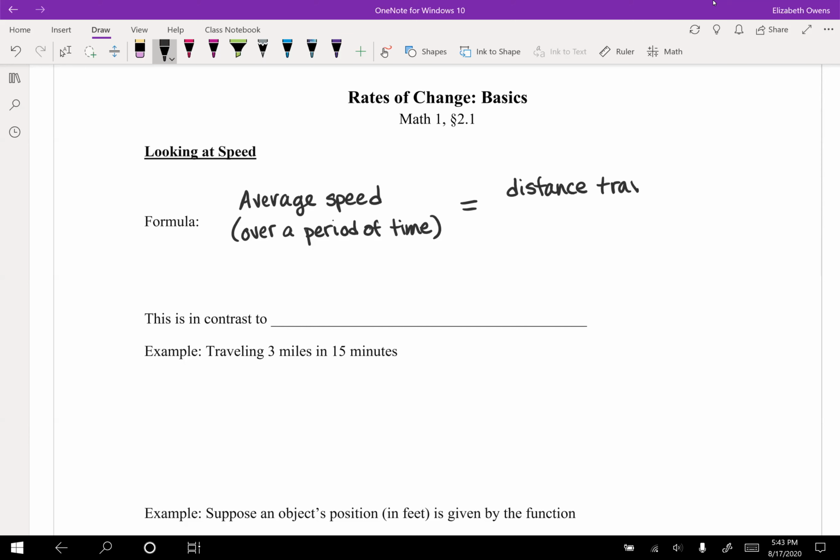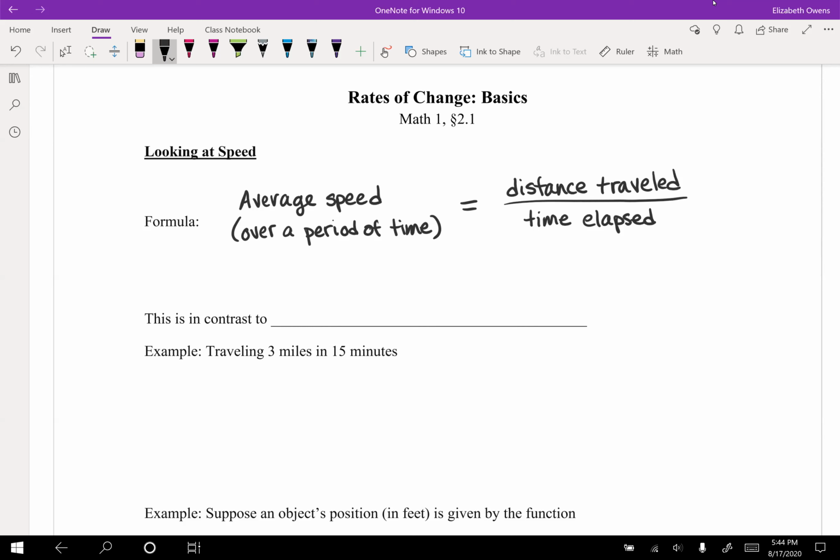How far did you go? And then you're going to divide that by the time elapsed. So how far did you go and how long did it take?